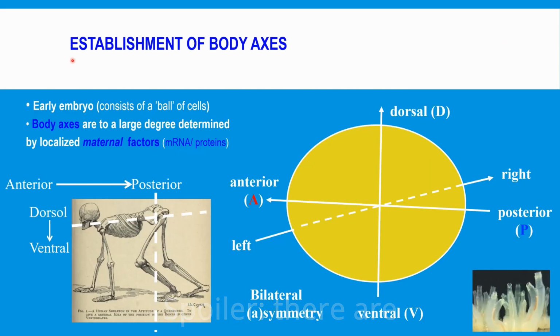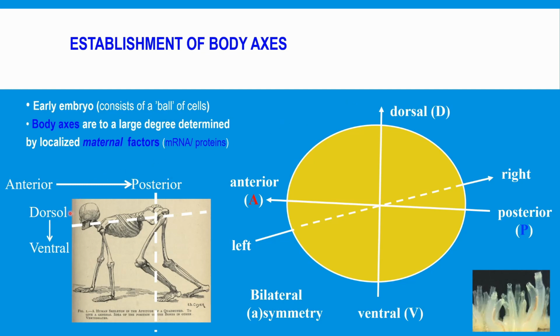Okay, so let's talk about the establishment of body axes. So axes is the plural for axis, a single axis. And an axis is an imaginary line that divides something in half, very typically with a mirror image on the other side, for example, or around which an object can rotate.